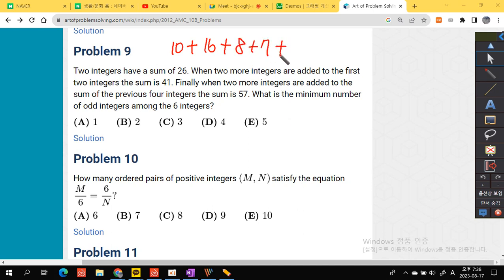And then from 41 to 56, the sum is 15, something like this. So what will be the minimum number of odd integers in this sum? 1 is the answer.